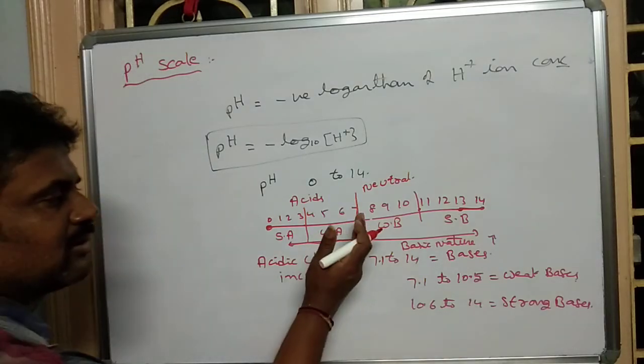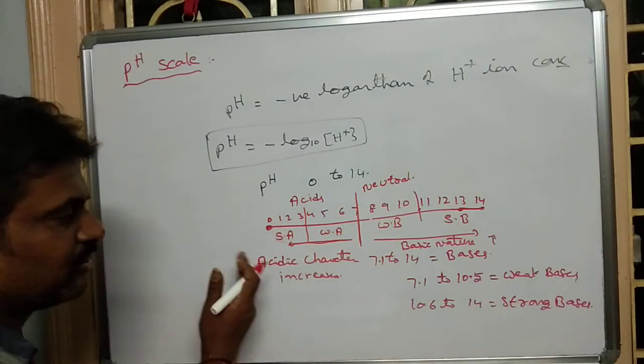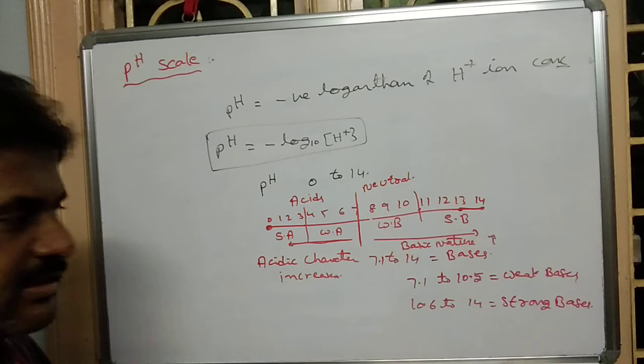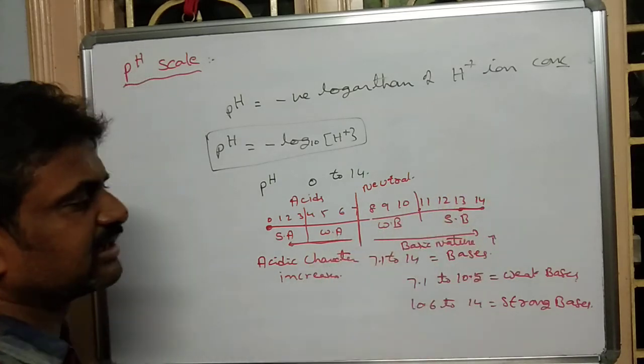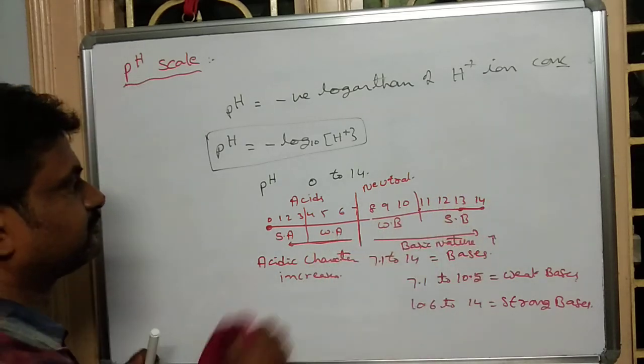So when the values decrease from 7 to 0, acidic nature increases, and when the values go from 8 to 14, the basic nature increases.